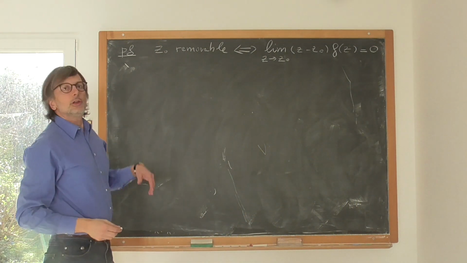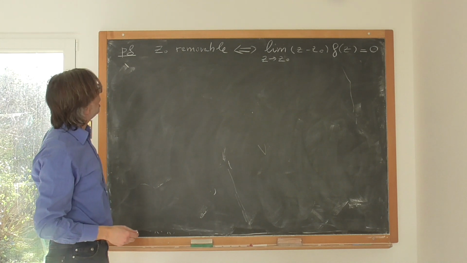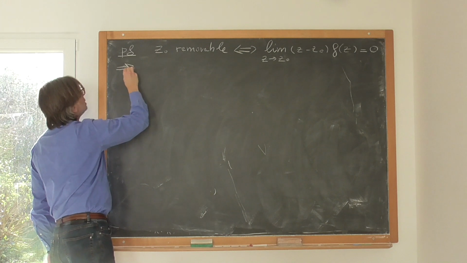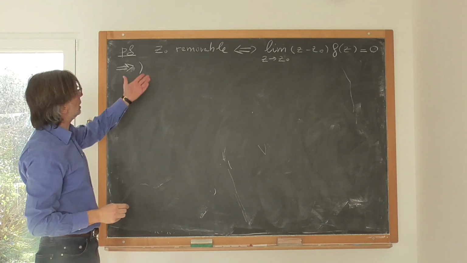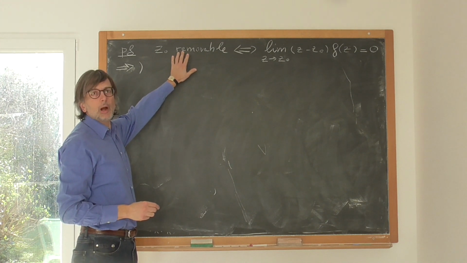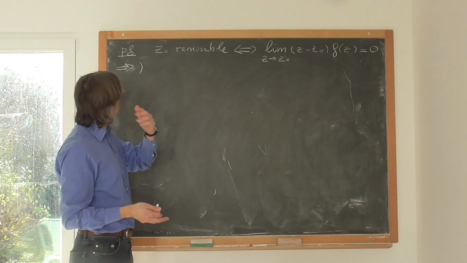So this is an if and only if, so we have to prove actually two statements. The first statement, so the first direction, is of course trivial. So if z0 is a removable singularity, then by definition f has a holomorphic extension at z0.